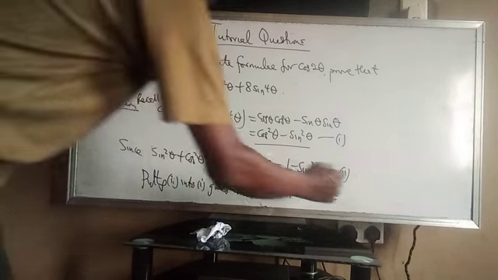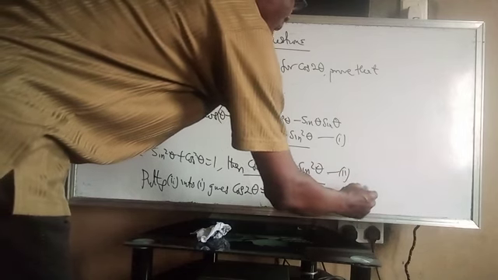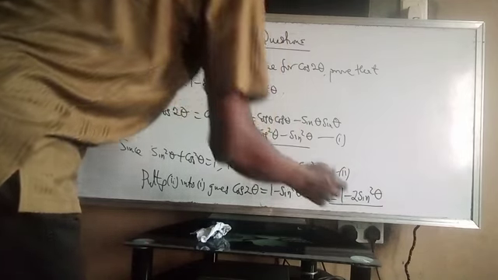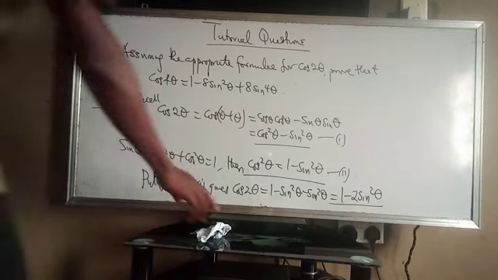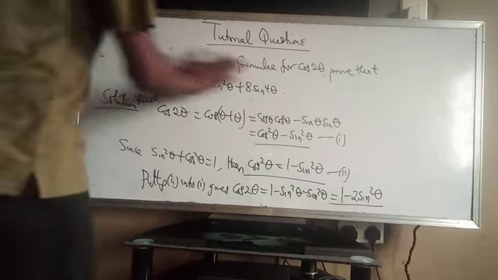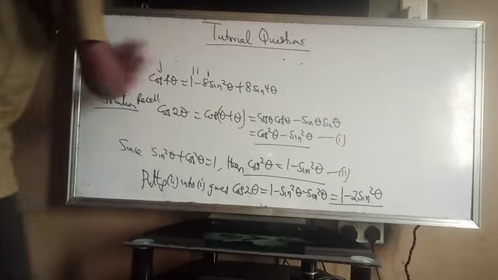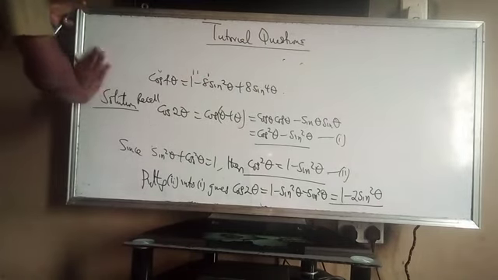That will give us 1 minus 2 sine square theta. So cos 2 theta is the same thing as 1 minus 2 sine square theta. Now, I think it will be easier to evaluate what we have to evaluate.